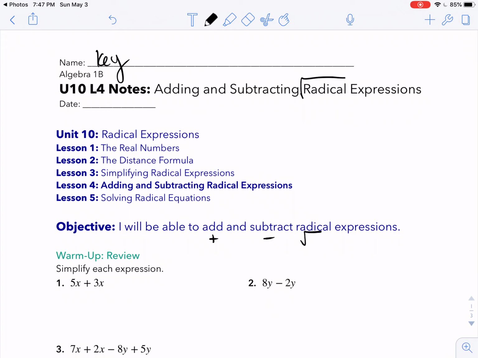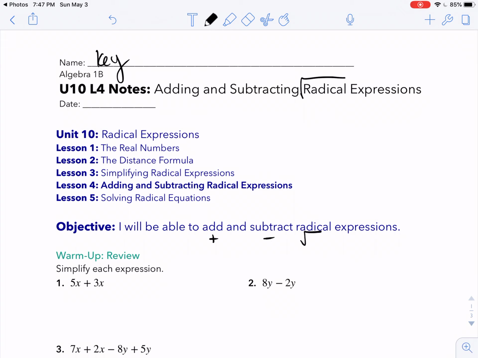Oh hey, this should look awful familiar. We're following those same patterns. Here we had 5 times something plus 3 times something. That gave us 8 times that something. Here our something is the square root of 10. So 5 square roots of 10 plus 3 square roots of 10 gives us 8 square roots of 10.